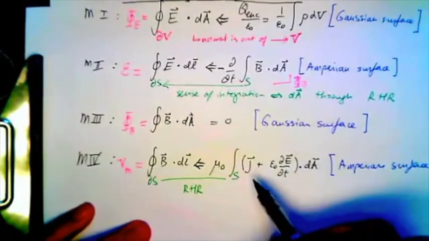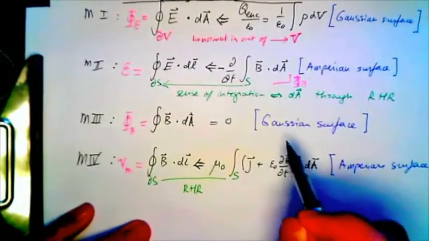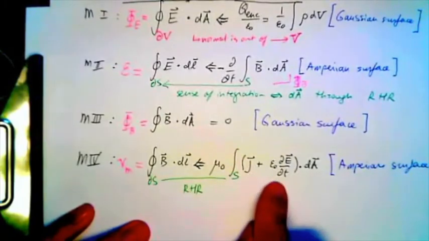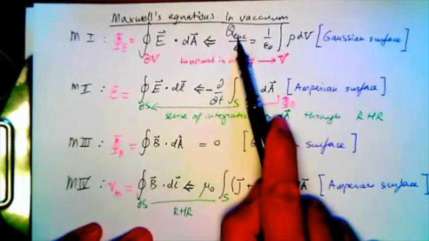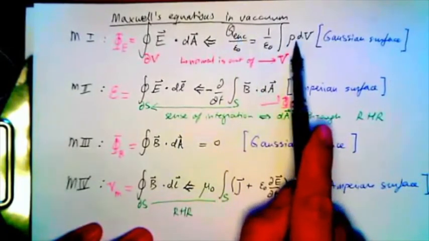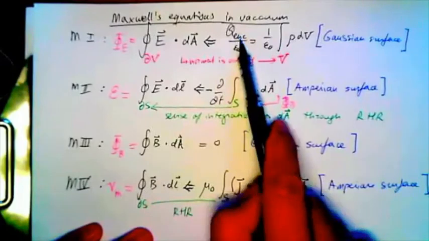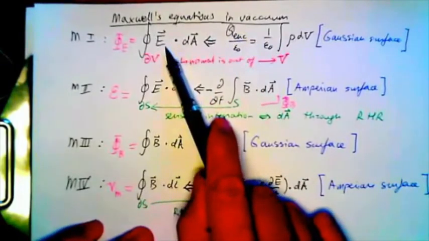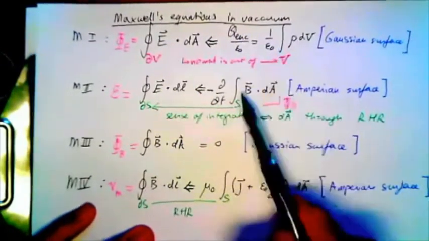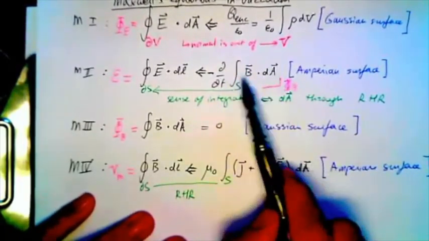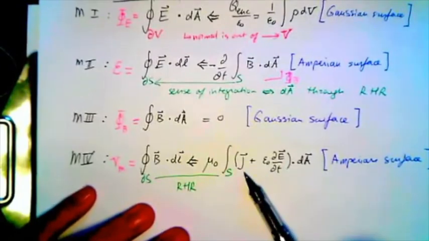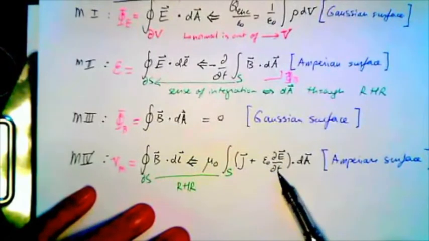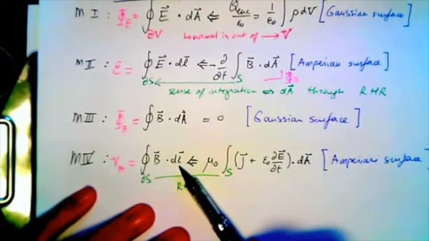Now we have several sources here. Let's start here. We have either some kind of a charge or a charge distribution that can generate an E field. And here we have a time varying magnetic field that can generate an E field. Here we have either a current that we can source externally or a time-varying electric field that we can use to generate a magnetic field.